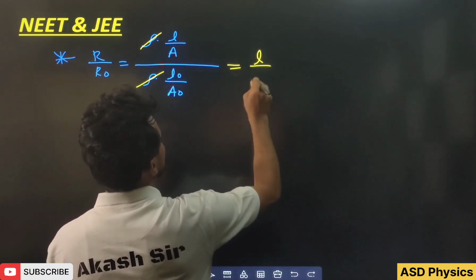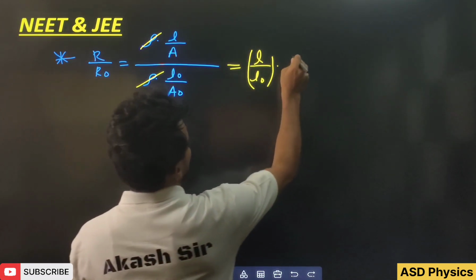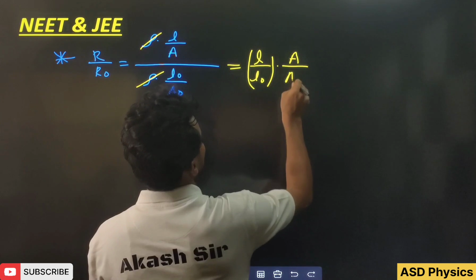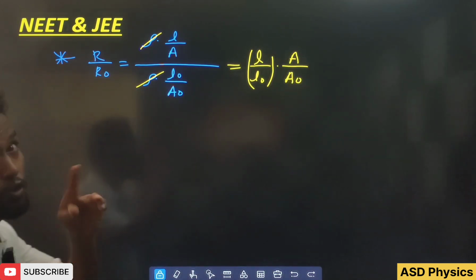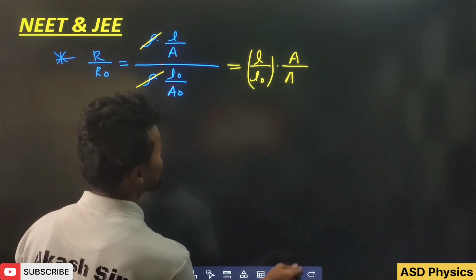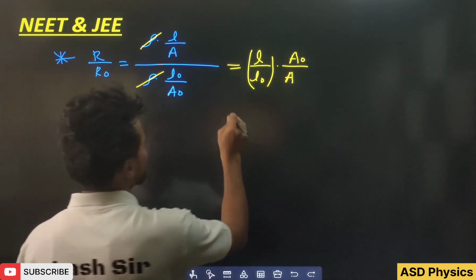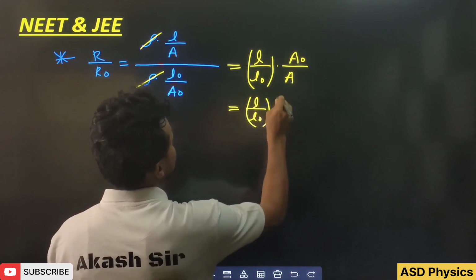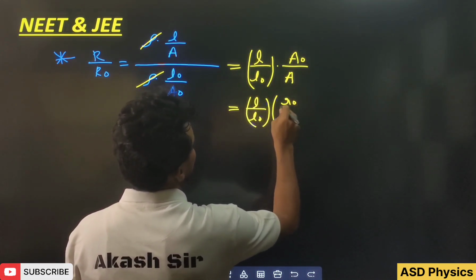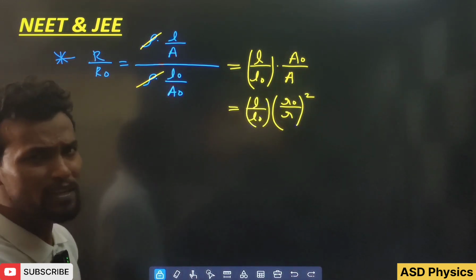So we can write this L by L naught into A by A naught. Is it correct? L by L naught, and no, a mistake happened. What mistake happened? A naught by A. Now I have to be very careful. After that we can write this is L by L naught, and this is given by what we have written here, this R naught by R whole square. Is it? Because pi and pi will cancel out.